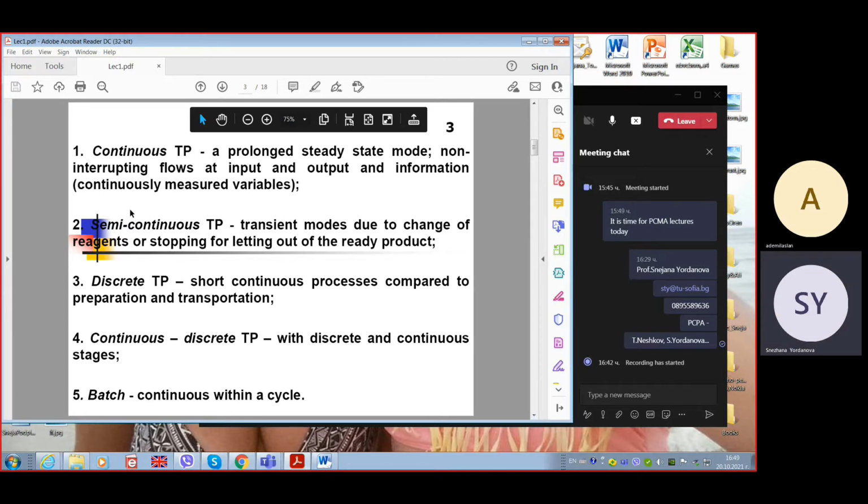Technological processes can be divided into continuous, when the flows at input and output are non-interrupting and the information variables are measured continuously. So we have temperature between 100 and 200, for instance, for some good behavior and some good process.